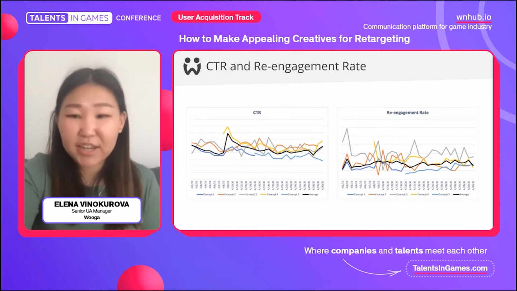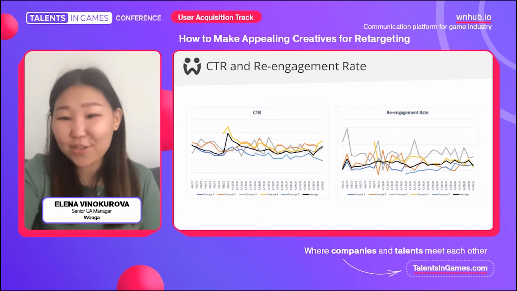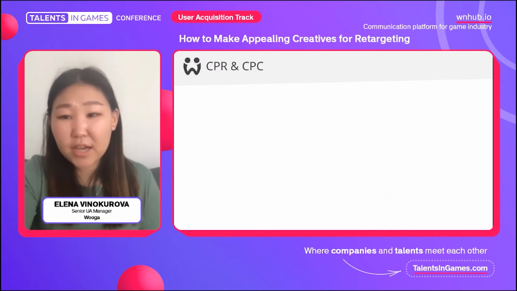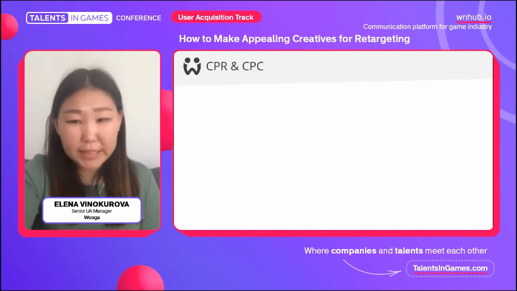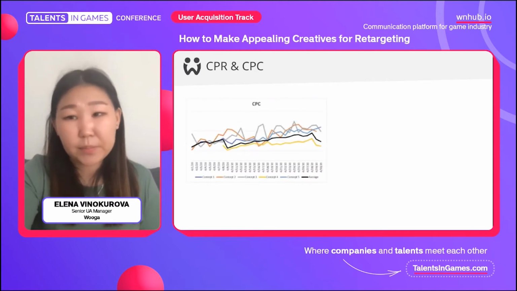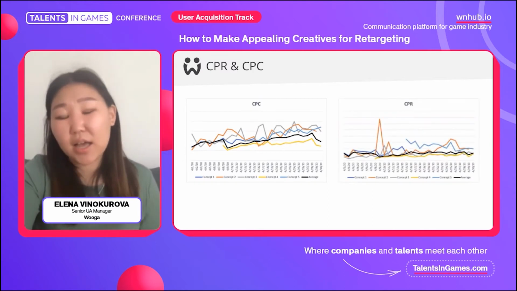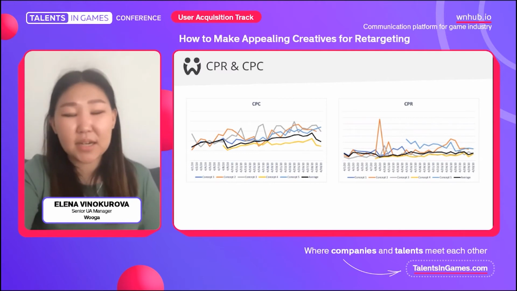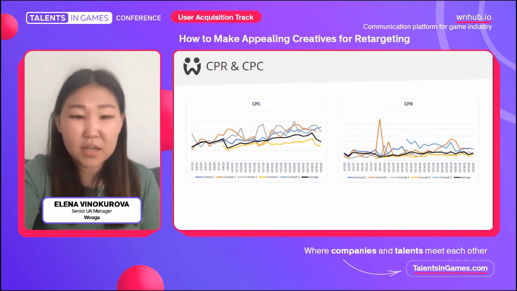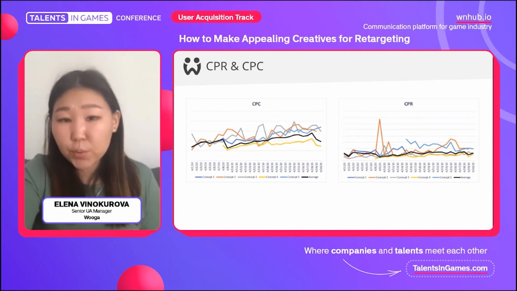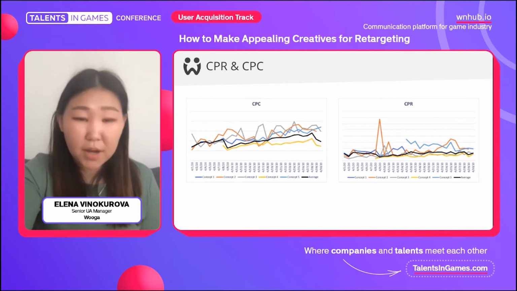In this particular case, you can see concept 5 is not doing very great, so CTR is below our average, and re-engagement rate is also quite low. For the cost per engagement and cost per click, we have pretty much the same graphs as the previous ones. We have an average trend line and all the other concepts, types, or iterations as graphs. This way we know which particular concept causes an increase in the price, and we can optimize and iterate accordingly.